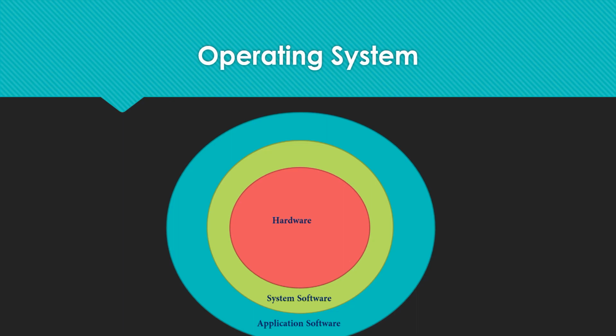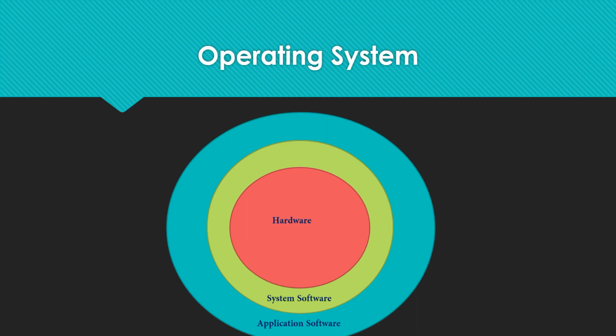What are the application softwares? Microsoft Office, Adobe Photoshop, Adobe Reader, even Paint and games all come under application software. Your hardware is the monitor, scanner, printer, keyboard, mouse, everything.